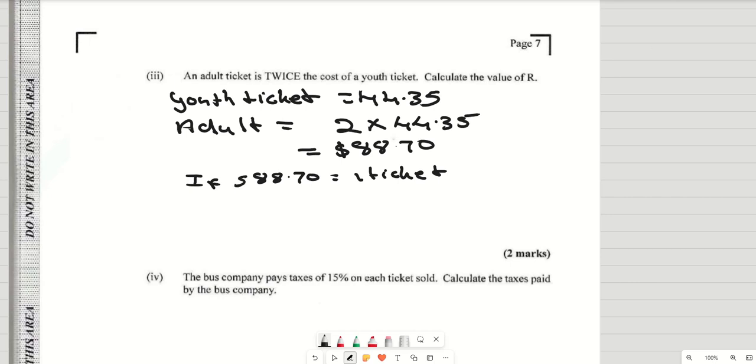So if $88.70 is equal to that, then $1 would be 1 over 88.70.